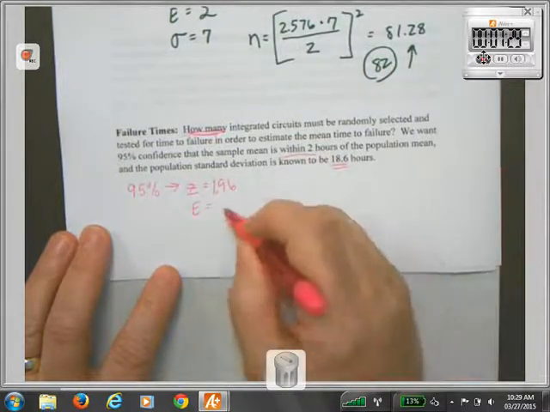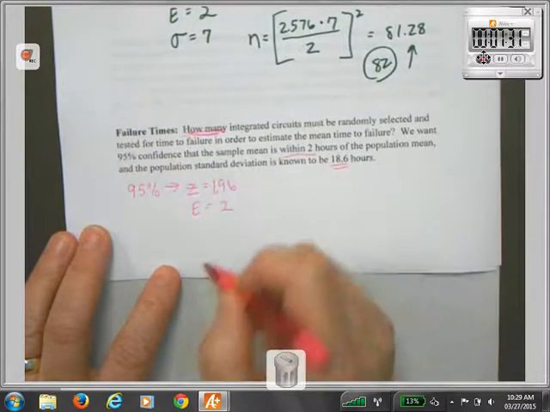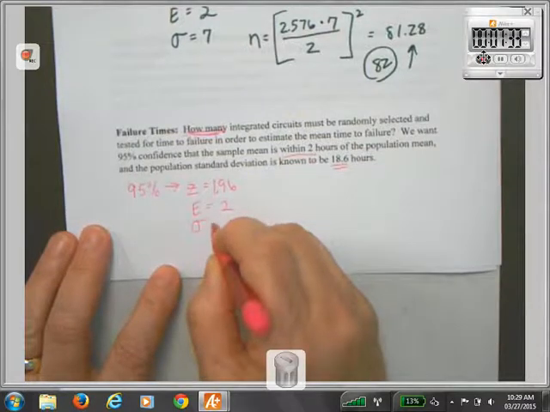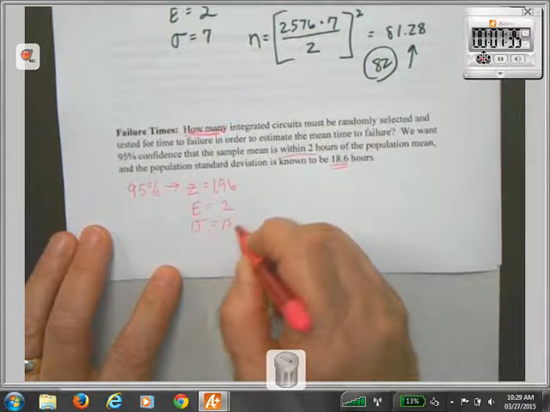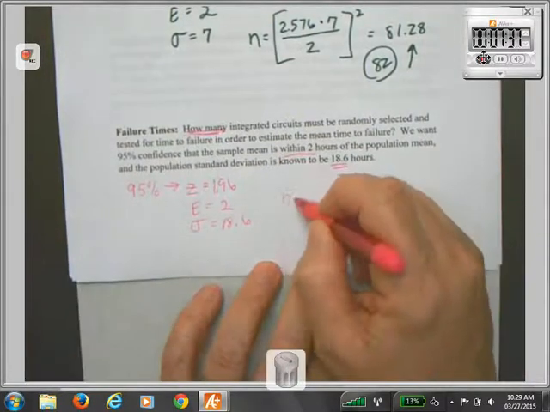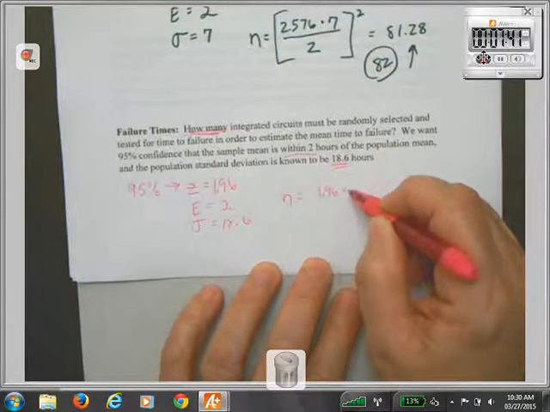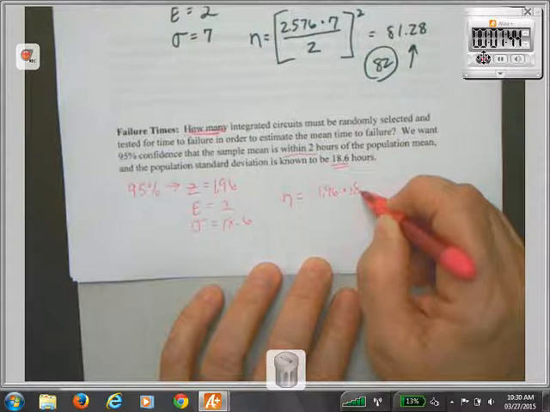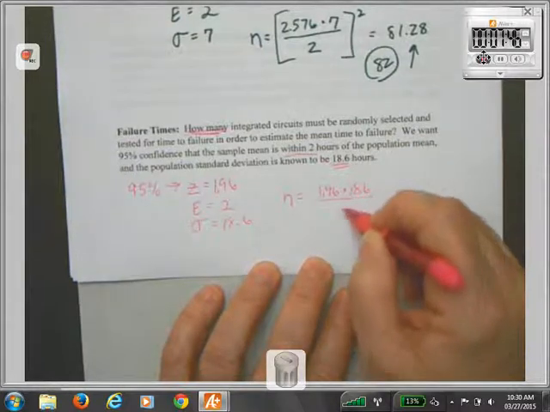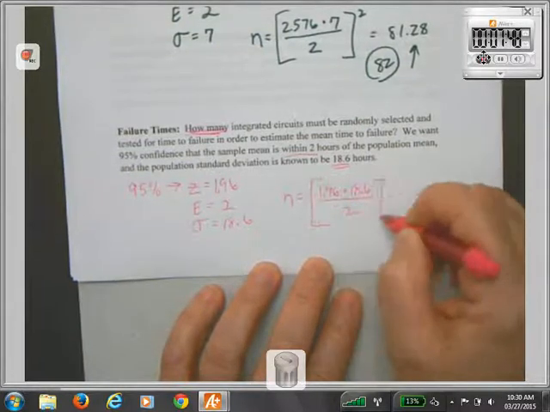This is 2 hours. And our standard deviation is 18.6. So again, n will equal 1.96 times 18.6 divided by 2, quantity squared.